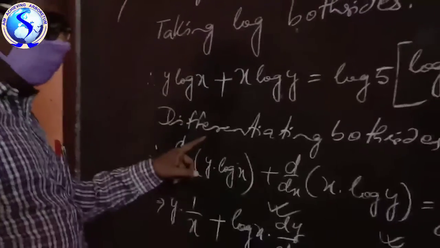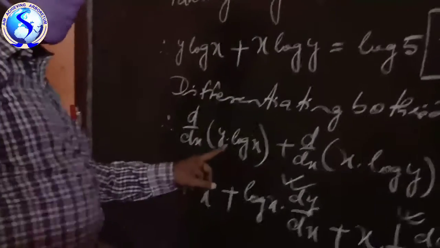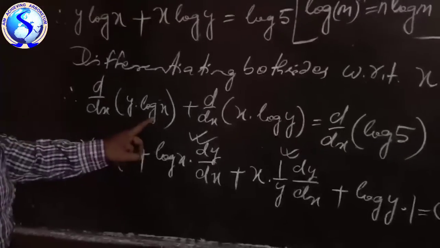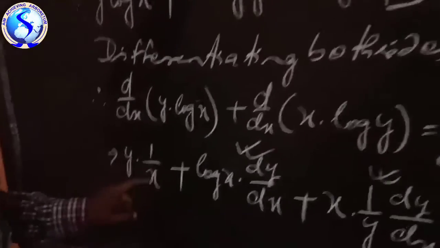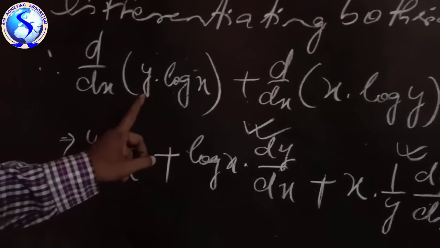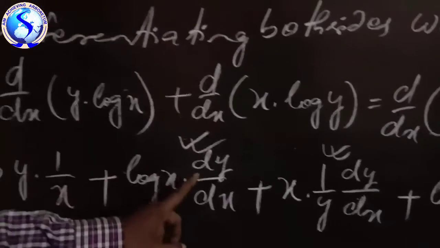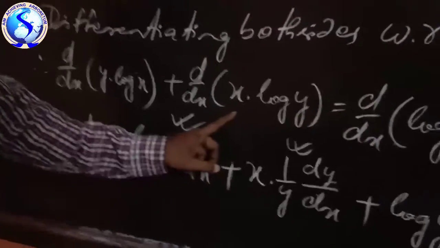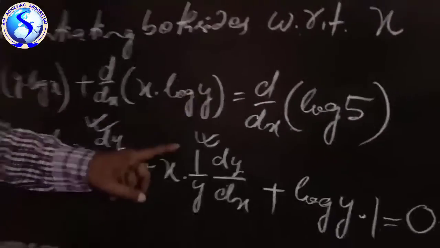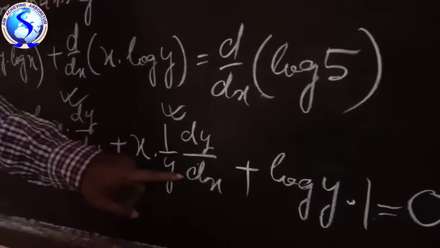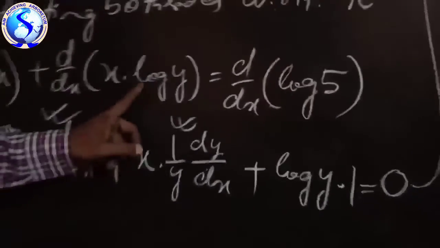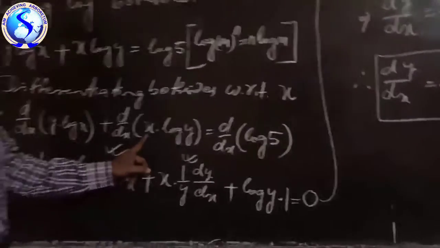Okay, you can differentiate both sides. You know, as for the product rule, first function into derivative of second function. Derivative of log x is how much? 1 by x, plus the second function into derivative of y, that is dy by dx. Same process here, x into derivative of log y, as it is given y, therefore write 1 by y into dy by dx, plus log y into derivative of x, derivative how much? 1.